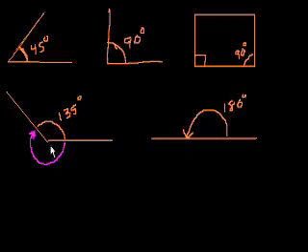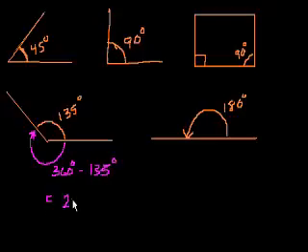So if this is 135, this magenta angle would be 360 degrees minus 135 degrees. And that's equal to what? That's 225 degrees. This magenta angle. And then we can do other things like that.